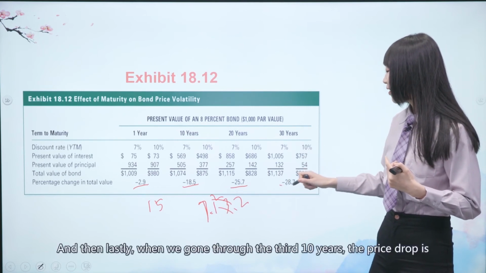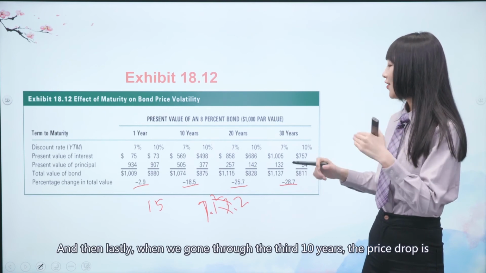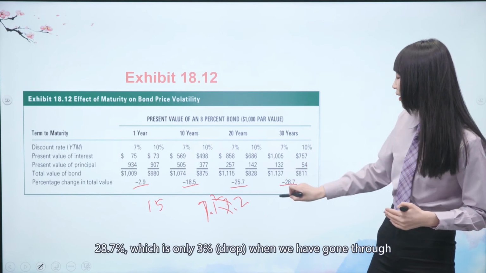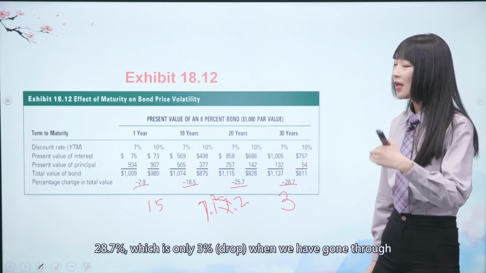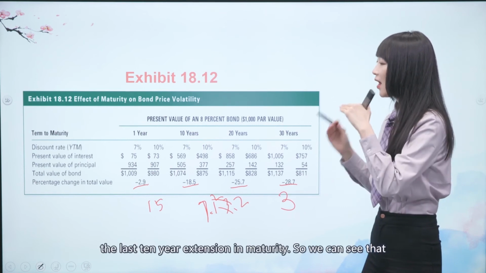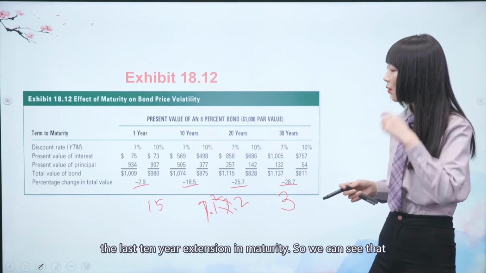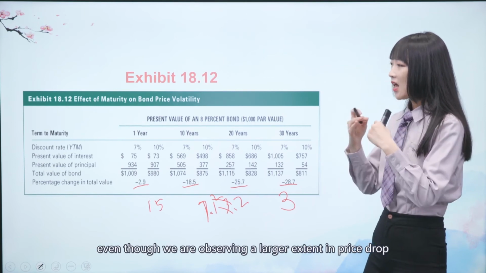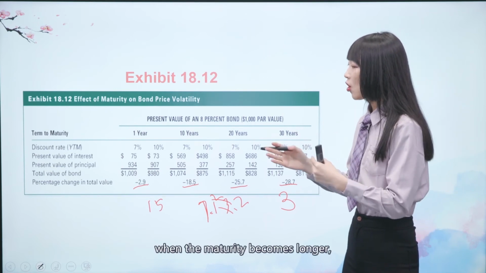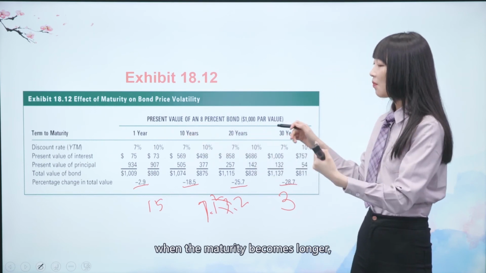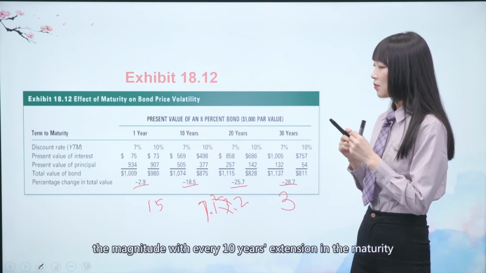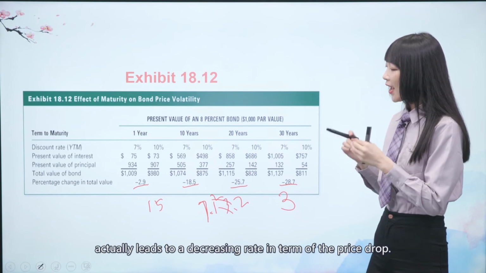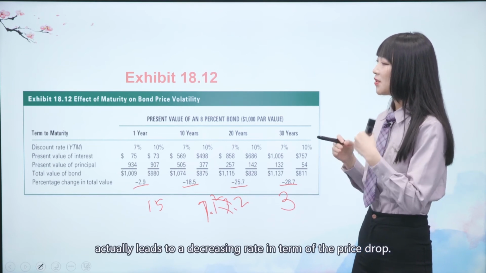And then lastly, when we've gone through the third 10 years, the price drop is 28.7, which is only 3% when we have gone through the last 10-year extension in maturity. So we can see that even though we are observing a larger price drop when the maturity becomes longer, the magnitude with every 10 years extension in maturity actually leads to a decreasing rate of price drop.